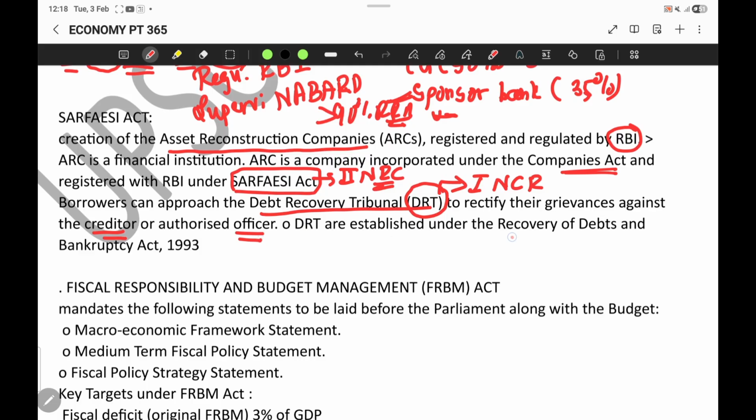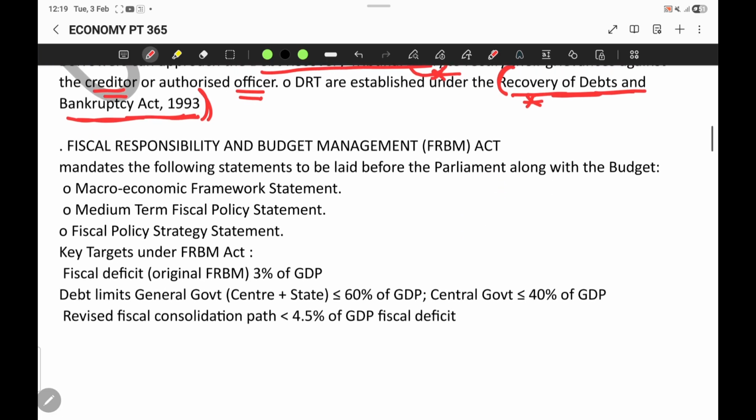DRTs are established under the Recovery of Debts and Bankruptcy Act, 1993, not under the SARFAESI Act. This DRT is very important. The SARFAESI Act creates asset reconstruction companies, which are regulated by RBI. Enough. Two points, crisp, clear.